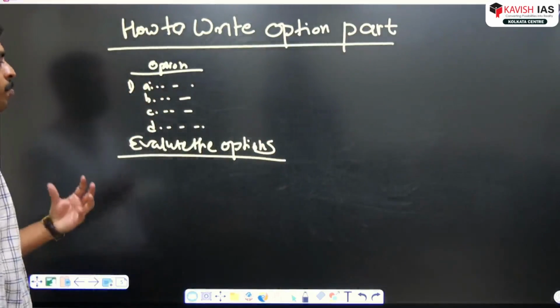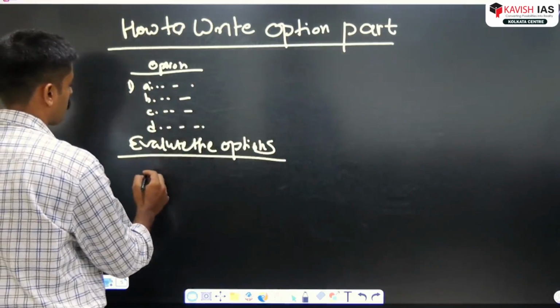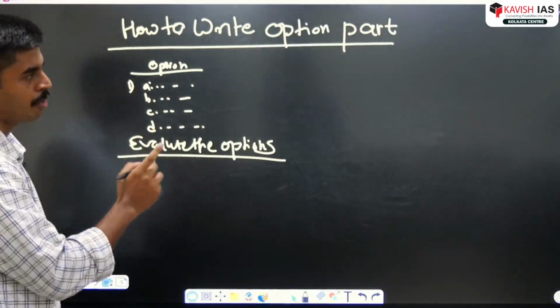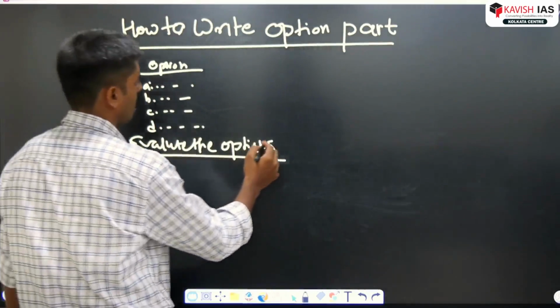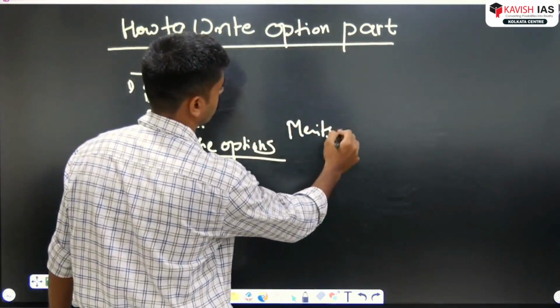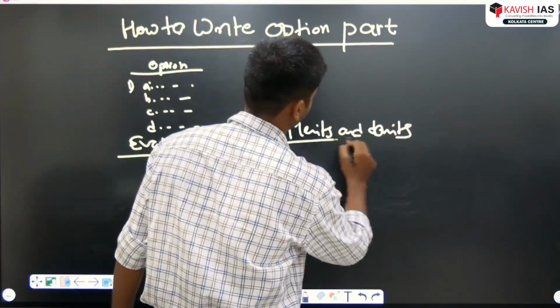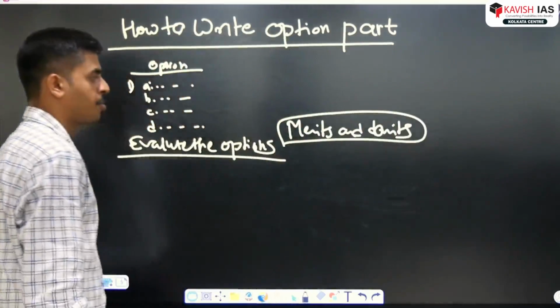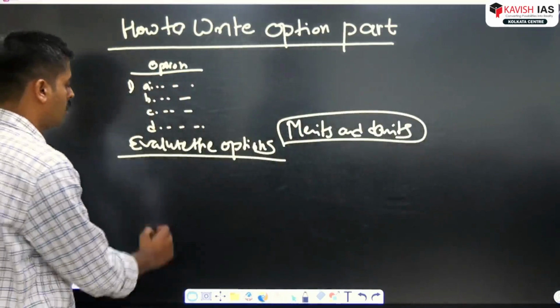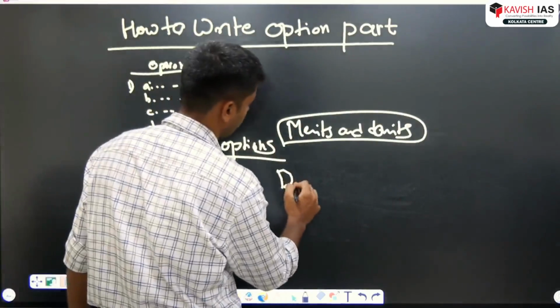So when the evaluation part is being asked, then you are supposed to write as per the instructions given in the question paper. If the instruction is regarding merits and demerits, if it is written in the paper, then write here merits and demerits.